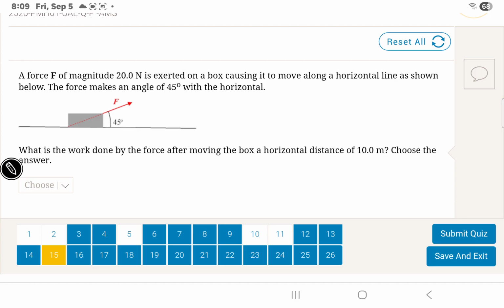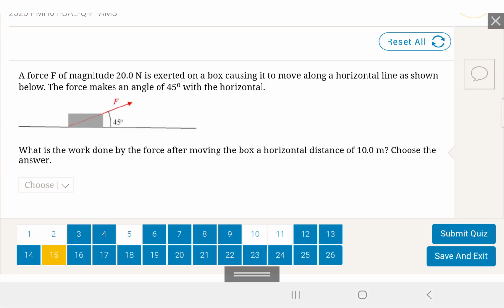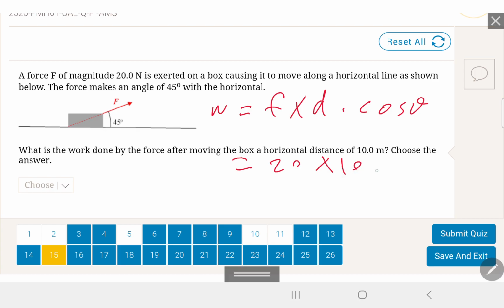Choose the answer. So in this case, when you have the angle, work is equal to force times distance times cosine theta. The force is 20, and the distance is 10 meters, times cosine 45.